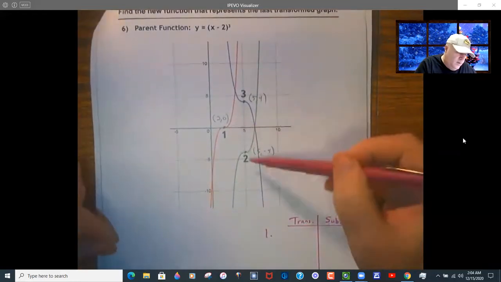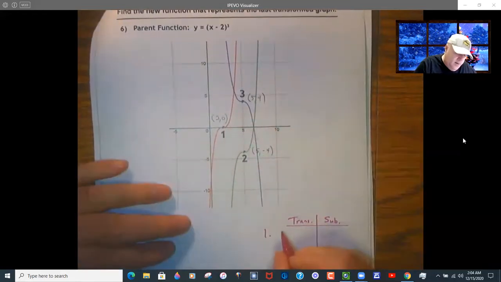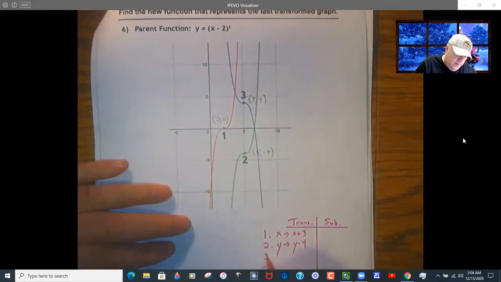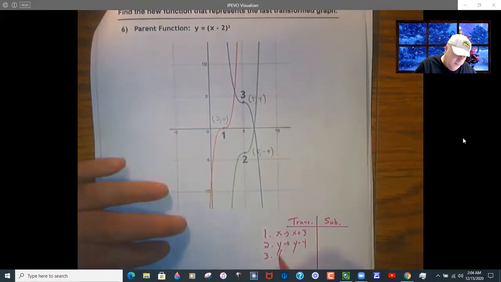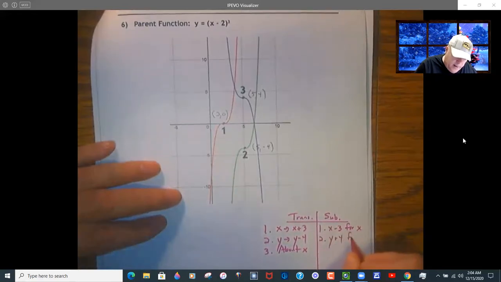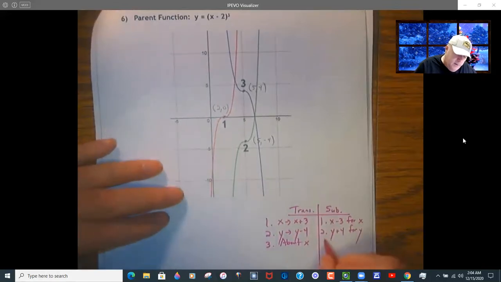Okay, from 1 to 2, it looks like we went 3 right and 4 down. And then it looks like we had an x-axis reflection. So we need to put x minus 3 in for x. We need to put y plus 4 in for y and solve for y.